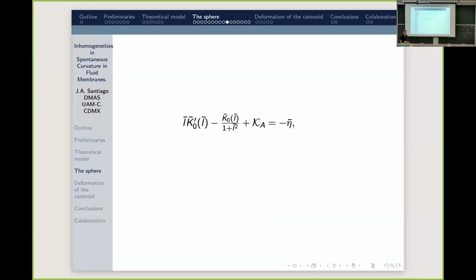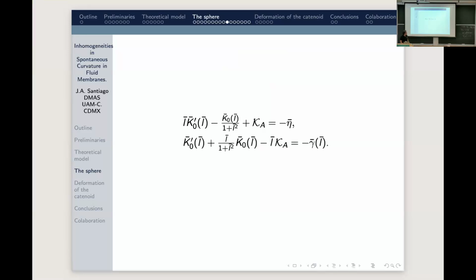In this case we have taken the boundary conditions that appear for the Euler-Lagrange formulation, right? In this case, eta and gamma represent the constraints, because the surface is restricted to be the catenoid, right?